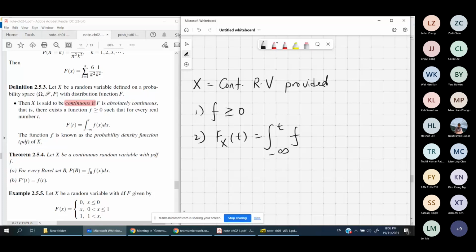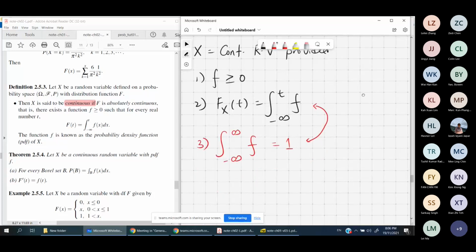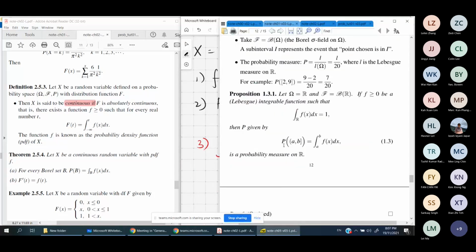In fact, when we have this, because of the properties of our distribution function, automatically we have that if we integrate f from negative infinity to positive infinity, it must be 1. So these two are identical. If we go back to this, you can see how we define our probabilities.